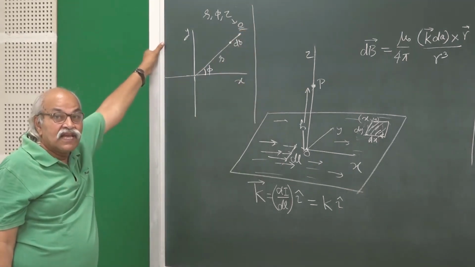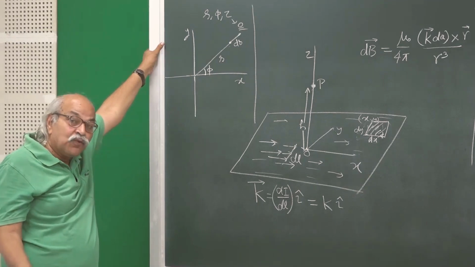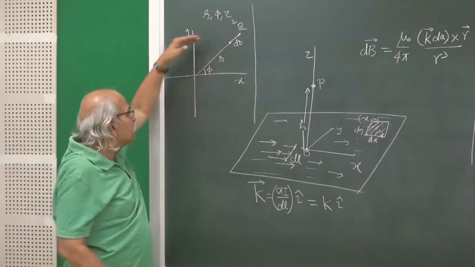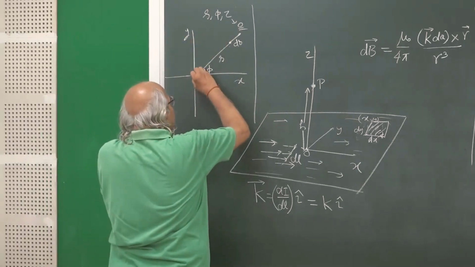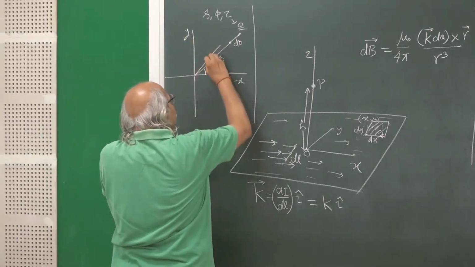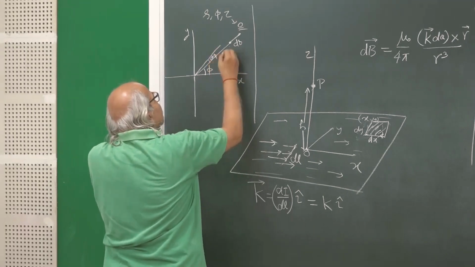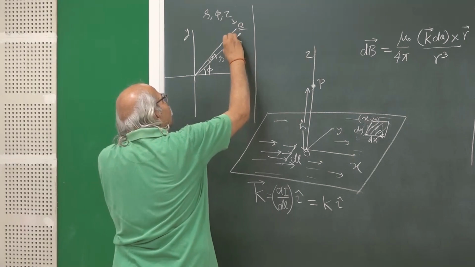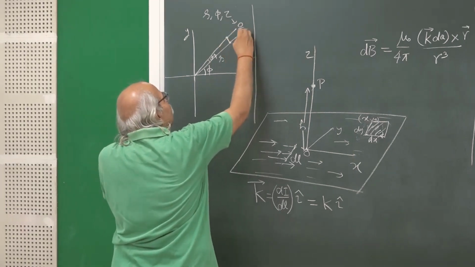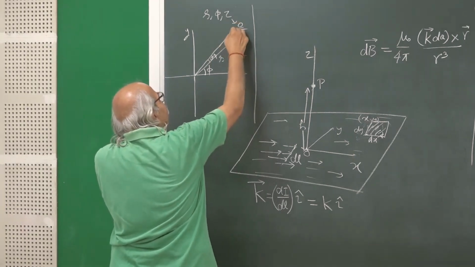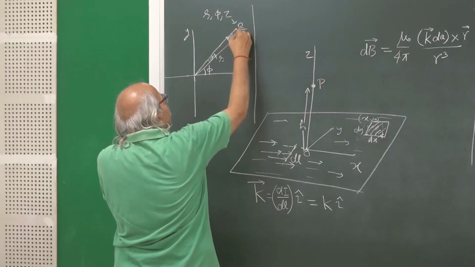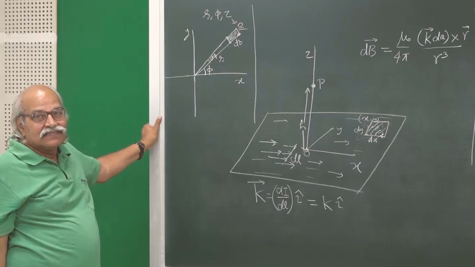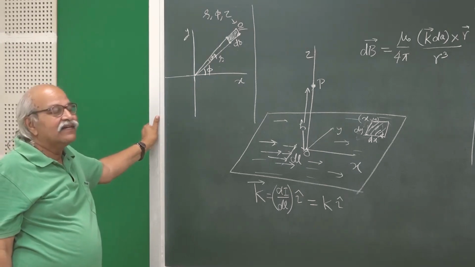Now, change phi to phi plus d phi. That means we will be rotating, this angle will be d phi. So, this will go here, this will go here, and this is the area we are interested in. This will be our area element.